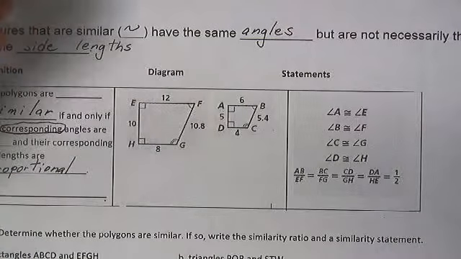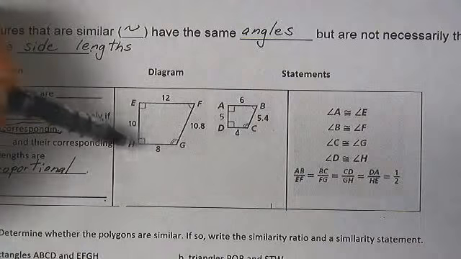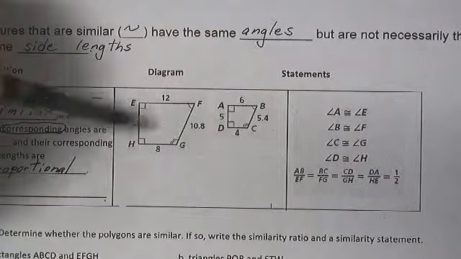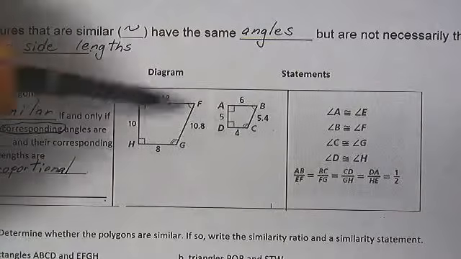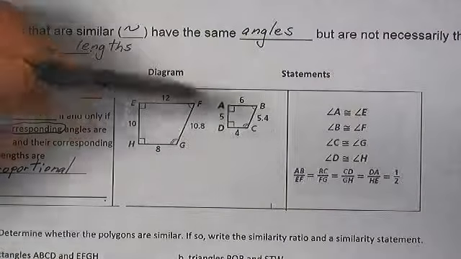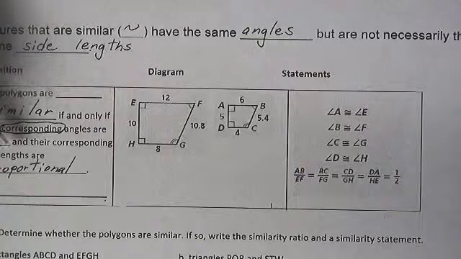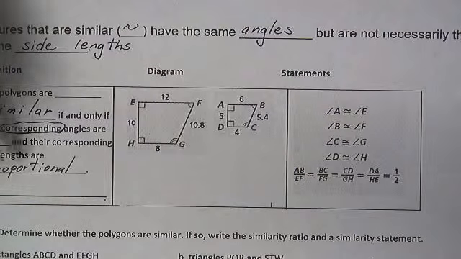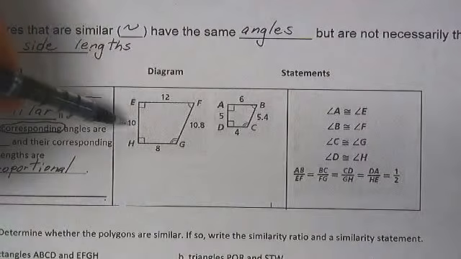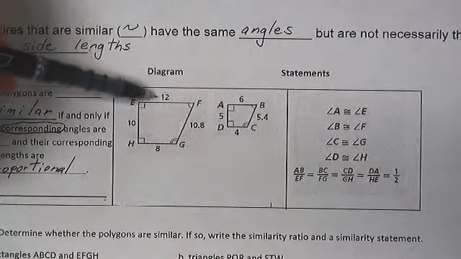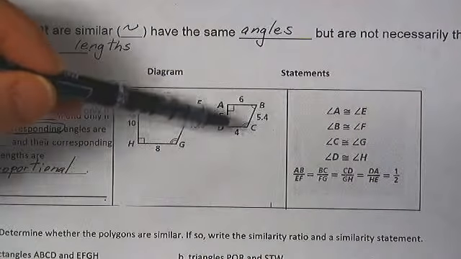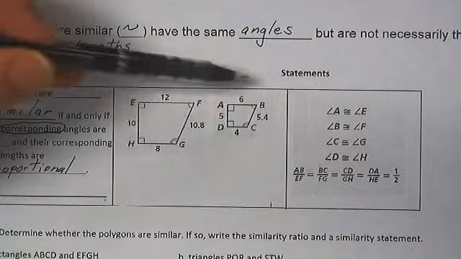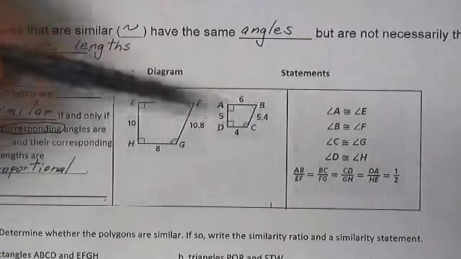So here we have a right angle. This angle is congruent to this angle is congruent to this angle is congruent to this angle. So we meet the first half of the test. Now, are all the side lengths proportional? 10 divided by 2 is 5, 12 divided by 2 is 6, 8 divided by 2 is 4, 10.8 divided by 2 is 5.4.